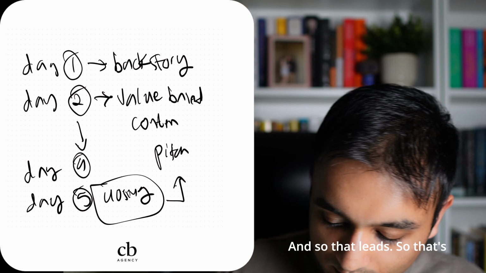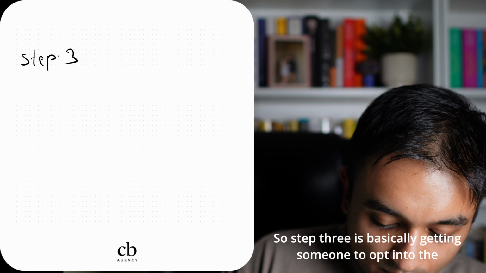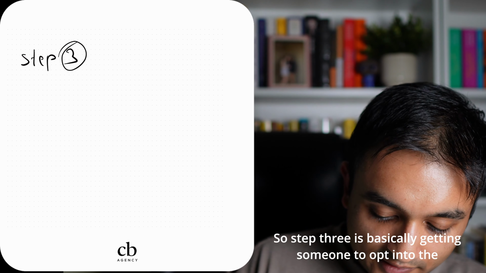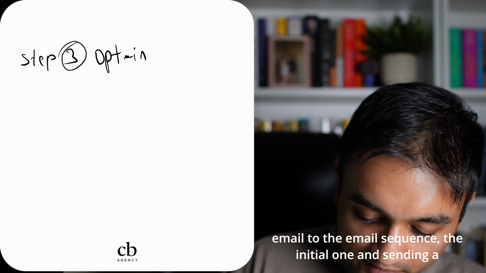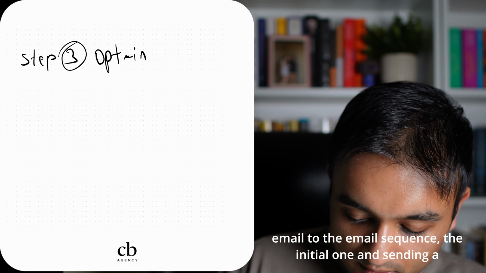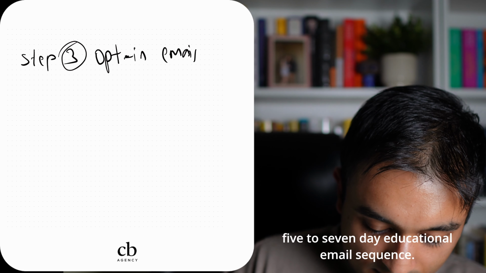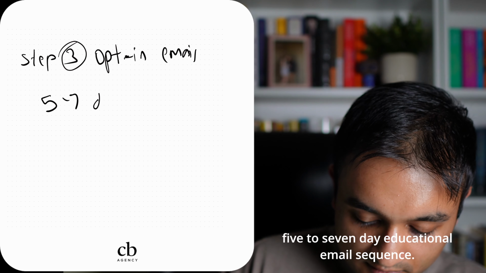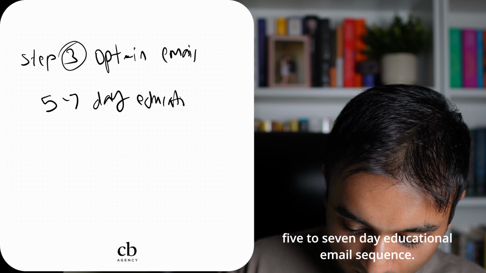And so basically what I just laid out is step 3. So step 3 is basically getting someone to opt into the email sequence, the initial one, and sending a 5 to 7 day educational email sequence.